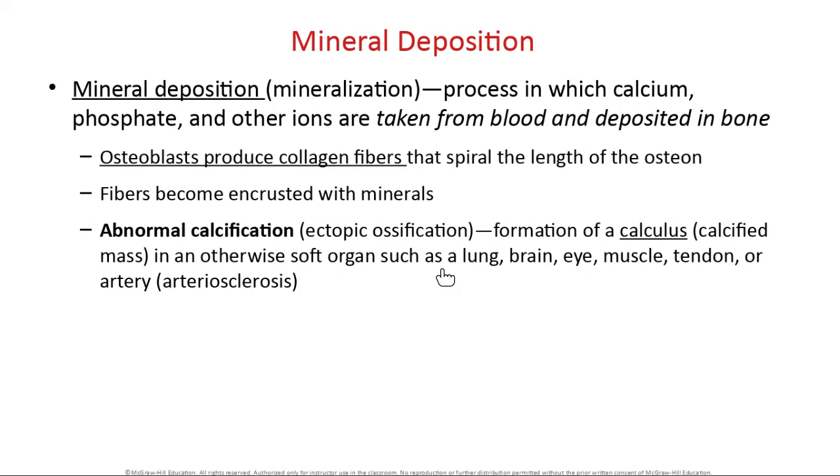And this can occur for a number of reasons. It could be due to a problem properly doing homeostasis, where we're actually not taking calcium from bone, or this could be due to a disease.